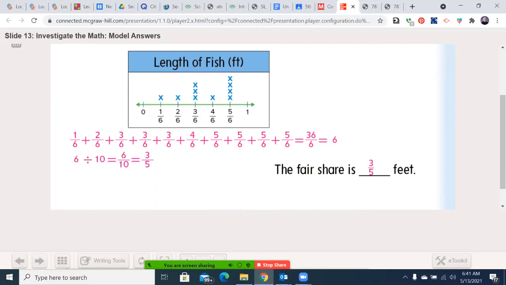Oh, that's 4. You get 36. 36 divided by 6 is 6. There was a total of 10: 1, 2, 3, 4, 5. So 6 divided by 10, 3/5 or 6/10 is going to be the fair share. So your average.